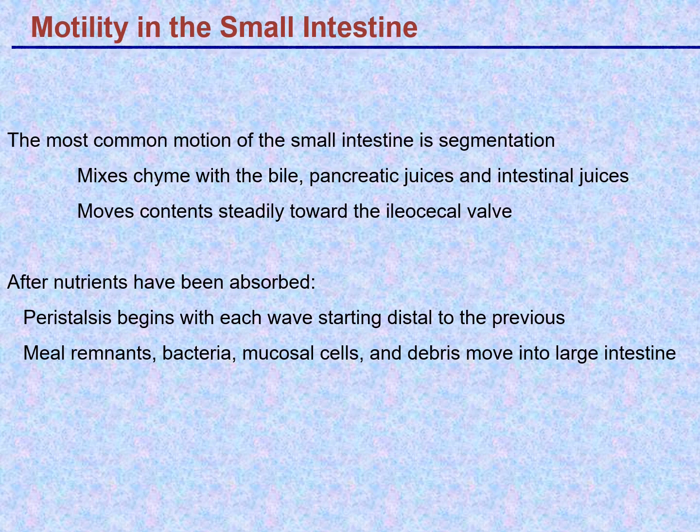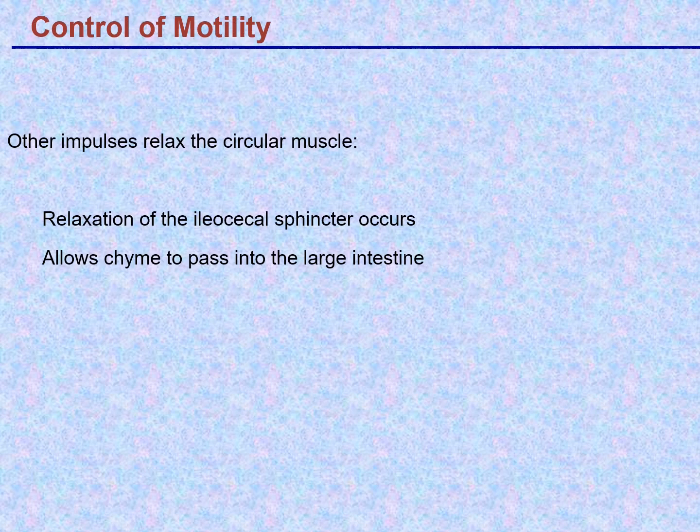And the remaining material that is not digested but is still in the space of the small intestine includes leftovers from the meal that can't be digested, bacteria, some mucosal cells, some indigestible debris, all get pushed down through the ileocecal junction into the cecum, the beginning of the large intestine.